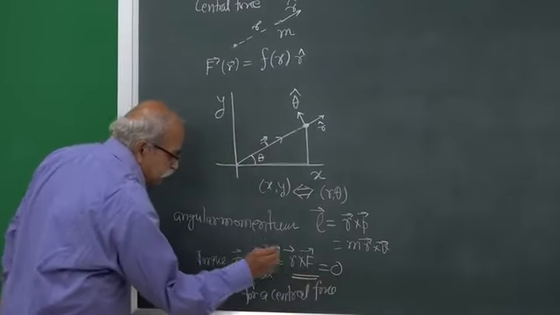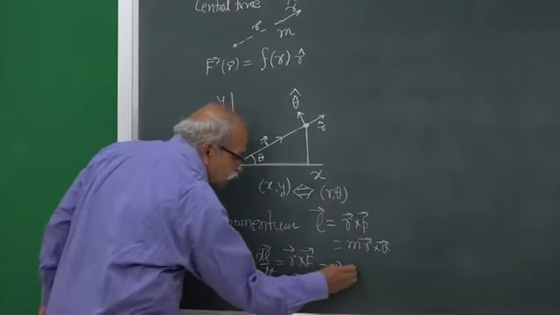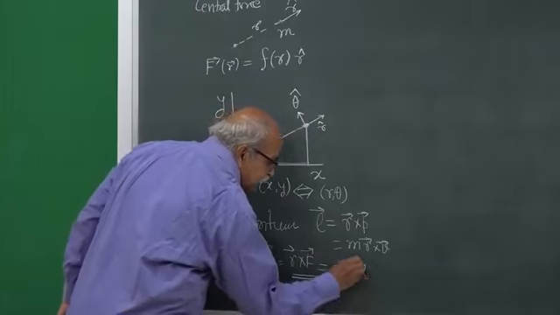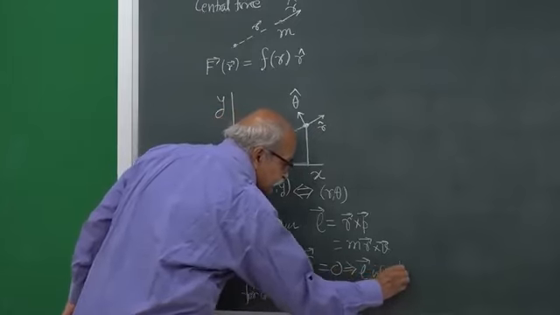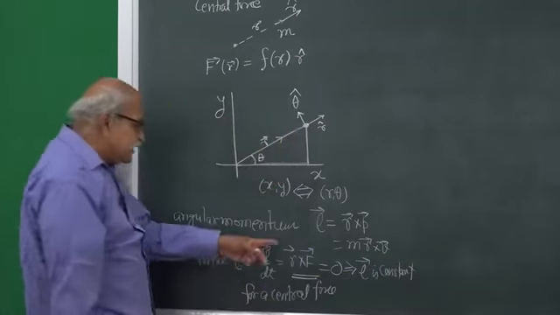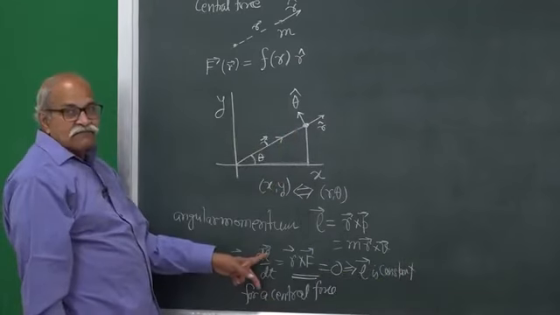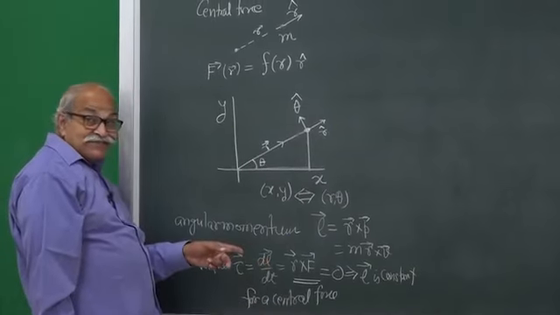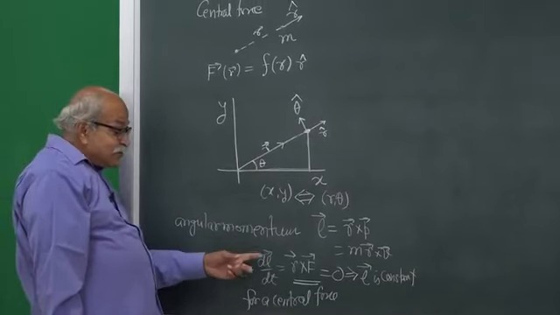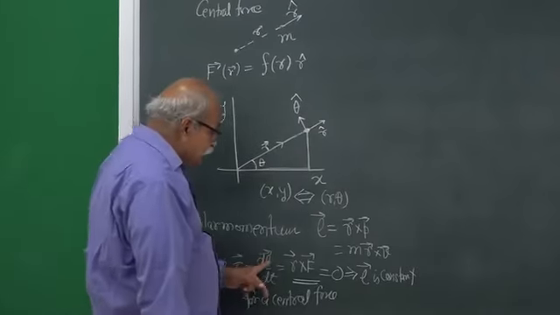And if torque is 0, that tells me that this L is constant, and remember, it is d dt of L vector. So, if that is 0, that means the L vector is constant, and L vector is constant means what?